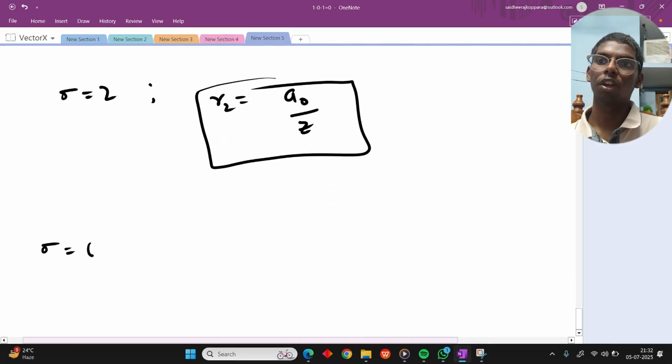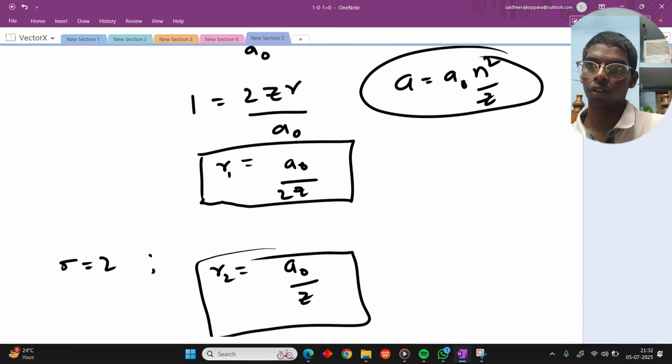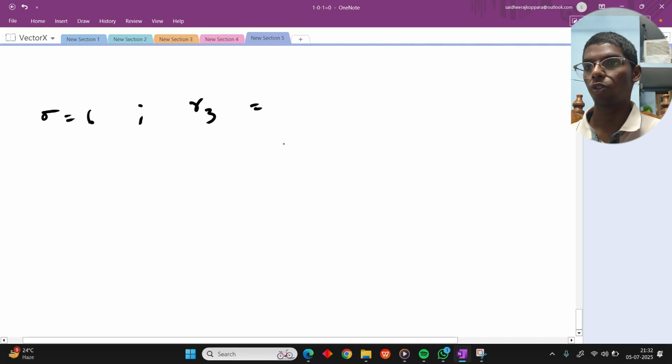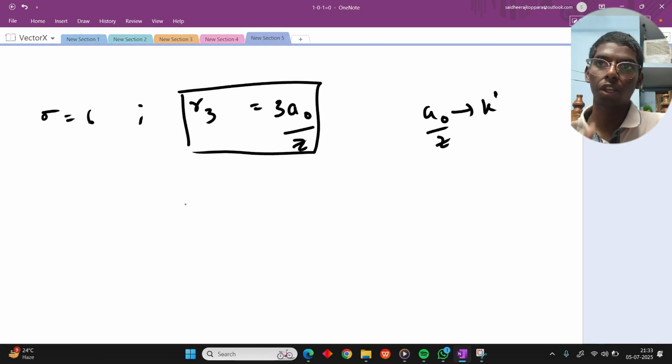Let us denote this as R1, this as R2, and for sigma equals 6, you substitute the value of 6 here, and then your R3 will be 3 a naught by Z.